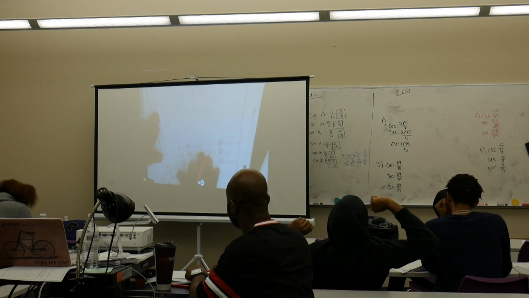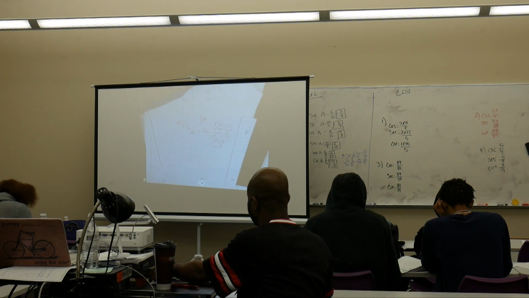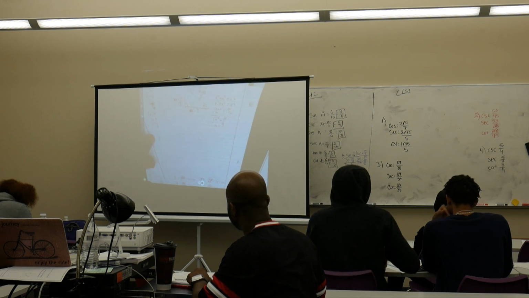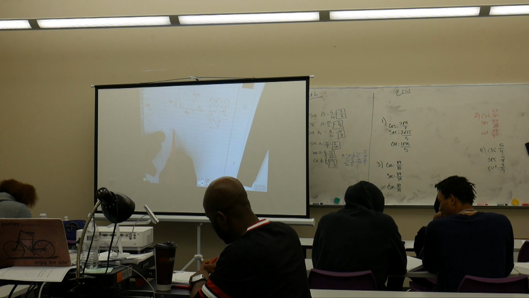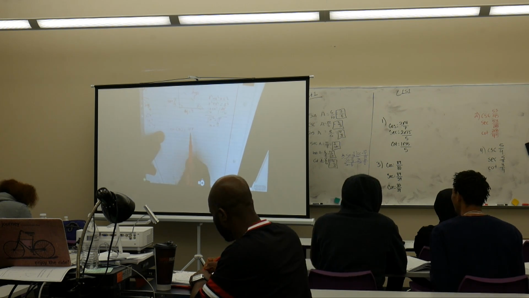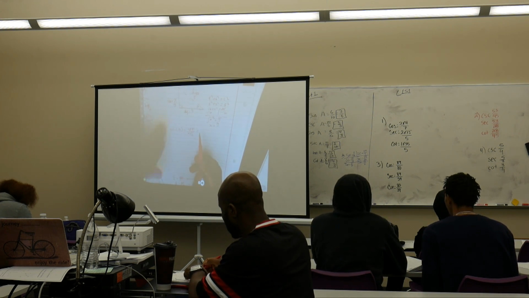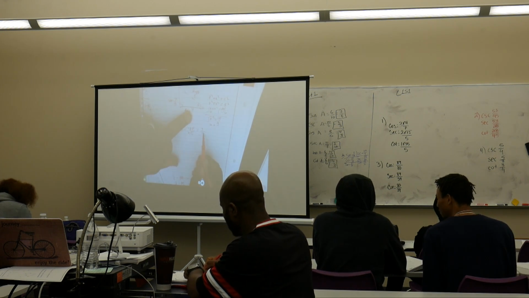Tangent is opposite over adjacent. So here's how it works. Tangent of that angle is the opposite side of the angle over the adjacent side of the angle. Opposite is 3 over adjacent is 4.